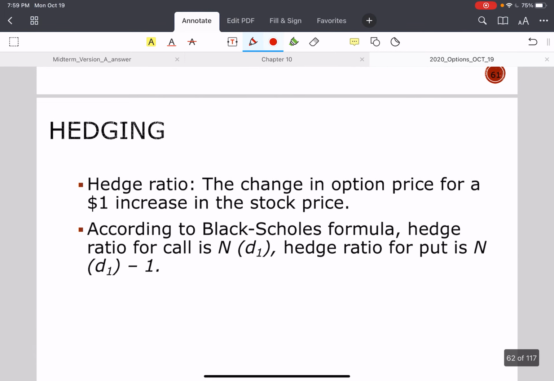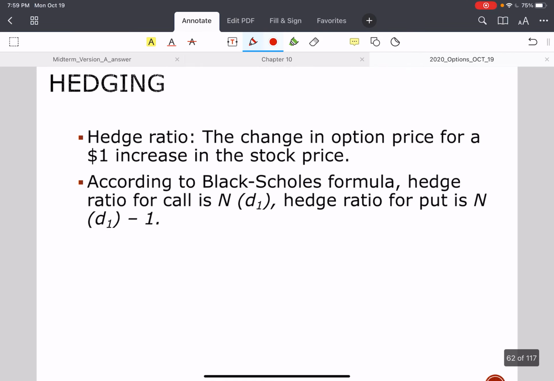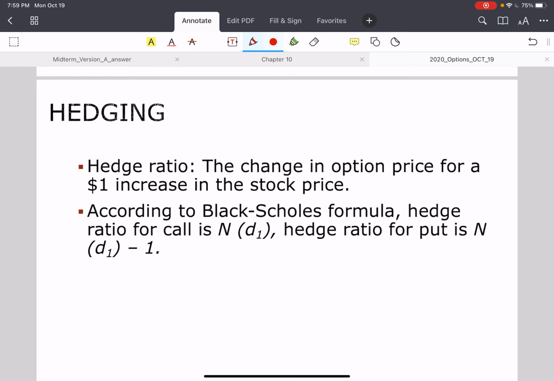Okay. Now, let's talk about hedging. First, we actually talked about this. We know the definition of the hedge ratio, right? The hedge ratio is defined by the change in option price divided by the change in stock price.